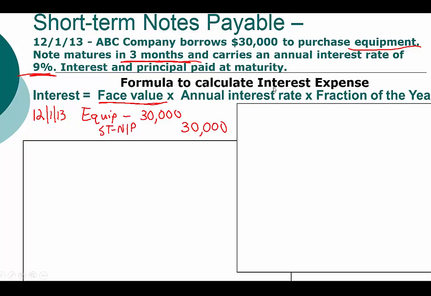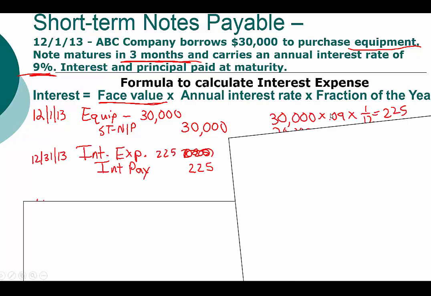For the next entry that we have to record, we're looking at the adjusting entry that will happen at year end for the financial statements, and for that one we will use this formula to calculate the interest expense, which is right here. So the $30,000 face value of the loan times the annualized interest rate, 0.09 because it is a percentage, times 1 month over 12 gives us $225 as the interest expense that we need to recognize at year end.